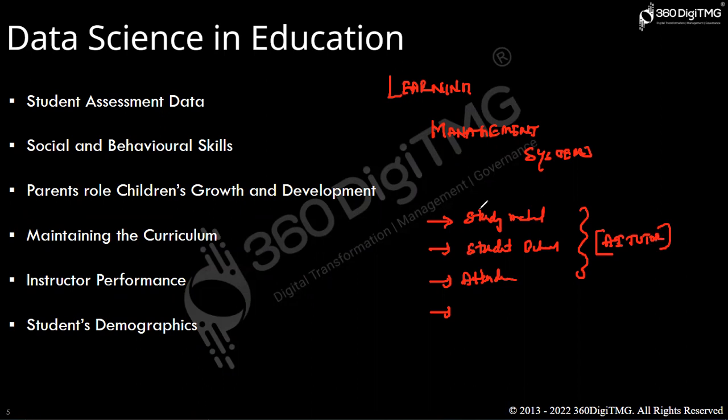We provide all the study materials, we try to catch student behavior, and attendance we capture by using the LMS. The learning management system plays a very major role in online engagement, and we are using it a lot nowadays. It is maintaining the curriculum also.